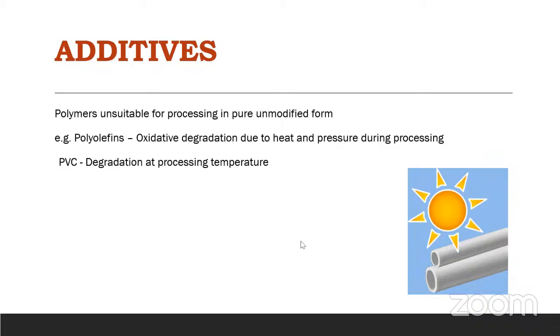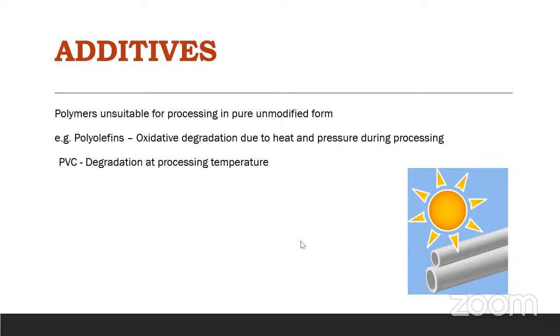Another example I can give you is polyvinyl chloride. As you might have learned, polyvinyl chloride is a heat sensitive polymer, so it is processed with different heat stabilizers. Without heat stabilizers and without plasticizers, you won't be able to process PVC. PVC's applications are generally pipes, which can be rigid pipes or flexible pipes.